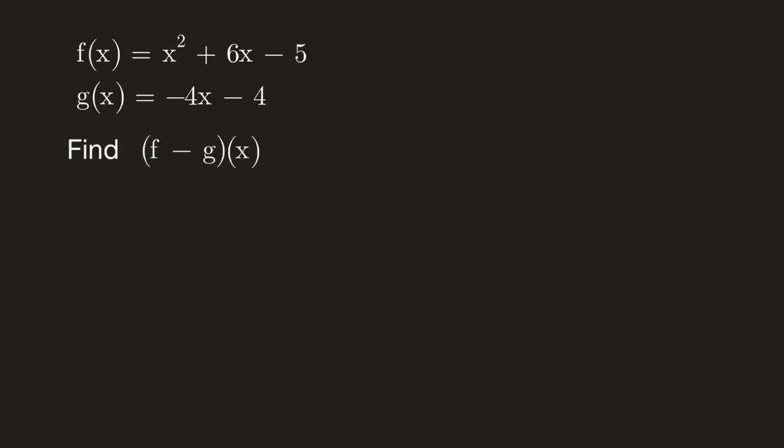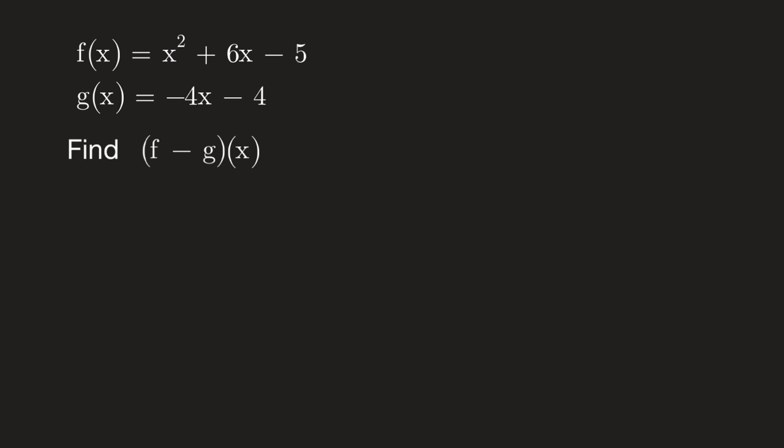Very similar to the first example. Again, we've got a function named f, we've got a function named g. There's how those two functions are defined. Now, on the find part of this one, this is where this one's maybe just a little bit different, okay?